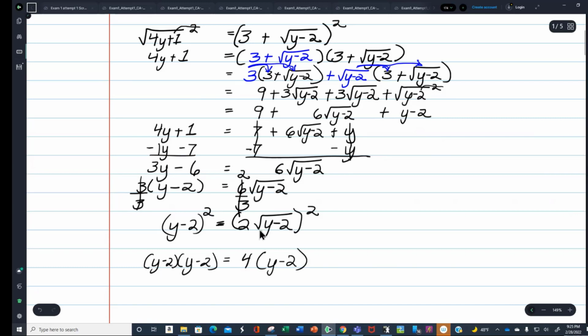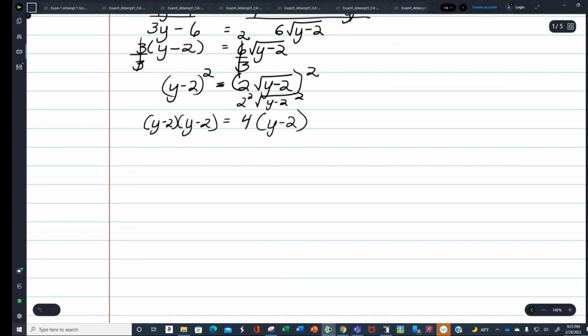Now let me do this. This is going to equal 2 squared times the square root of y minus 2 squared. So that's the magic that happened here.